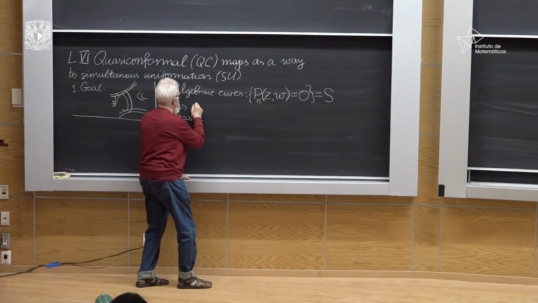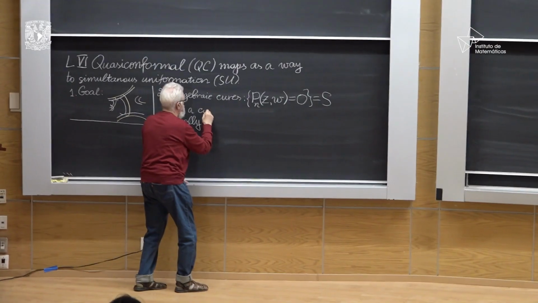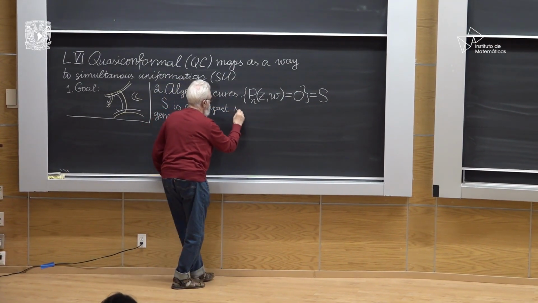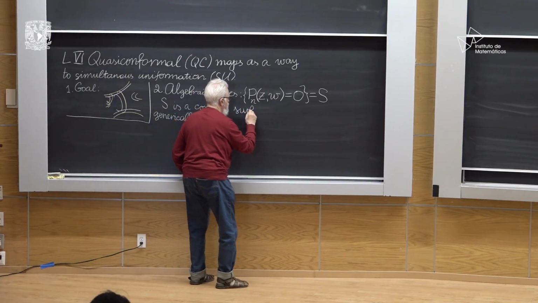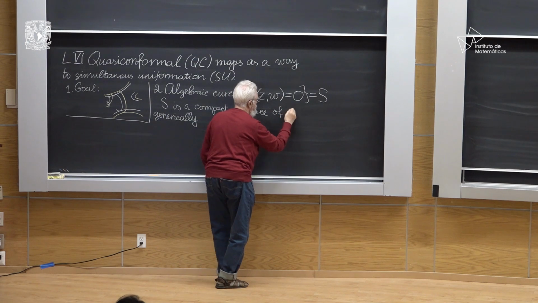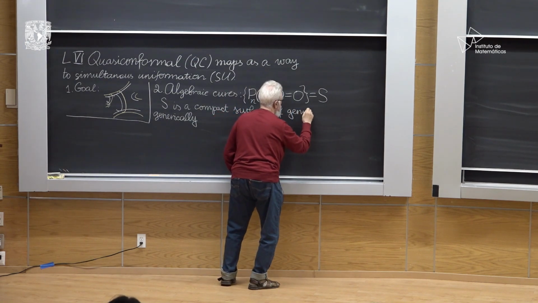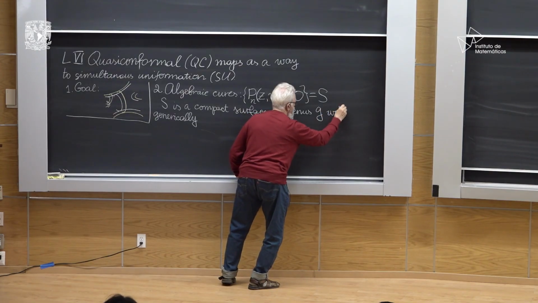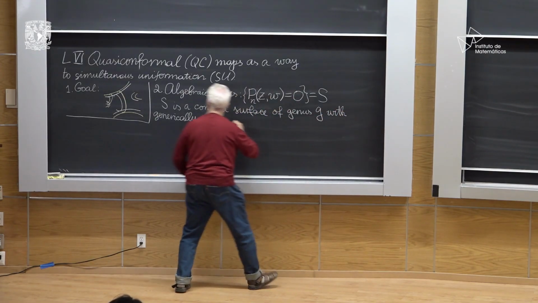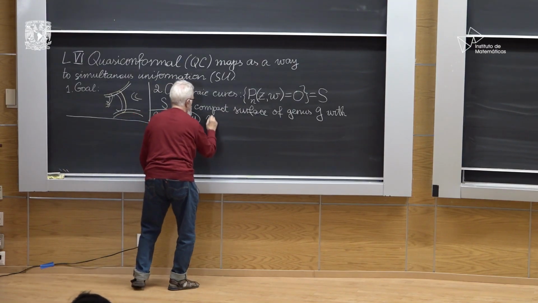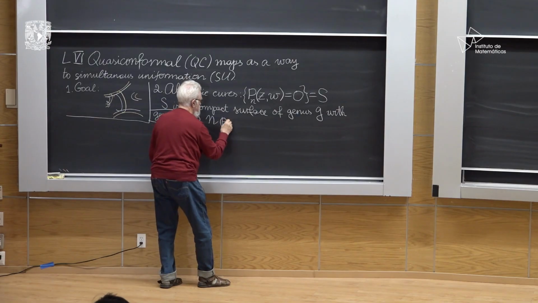generically, S is a compact surface of genus G with n punctures.